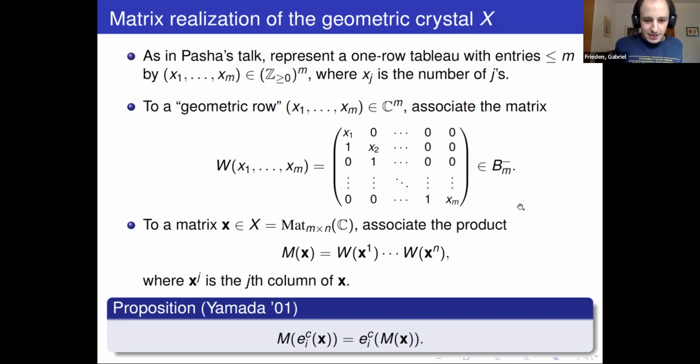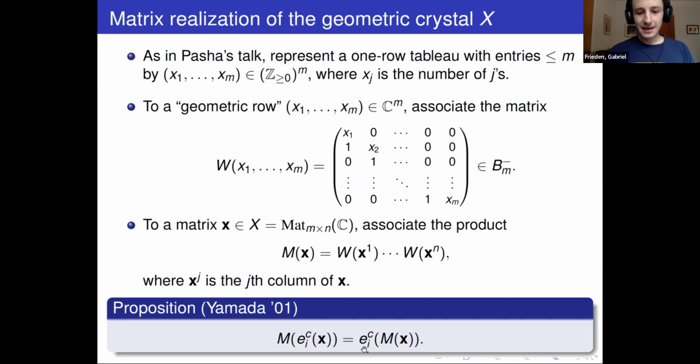And now the proposition that goes back to Yamada is that if I first apply the geometric crystal operator coming from that tensor product rule that Pasha described, and then I apply this M map, it commutes with first taking M and then doing that geometric crystal operator from the previous slide, where you're acting on the left and the right by Chevalley generators.